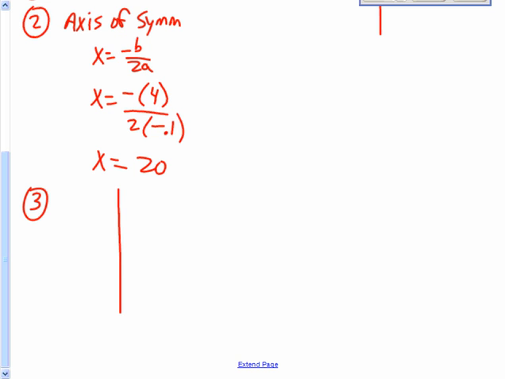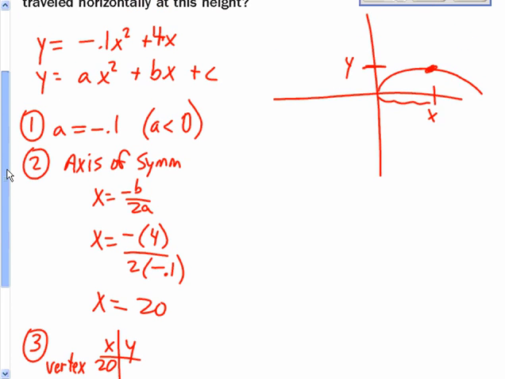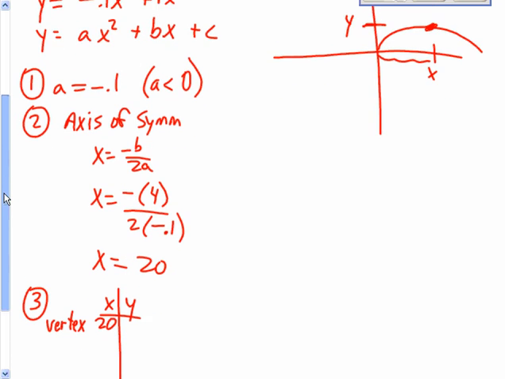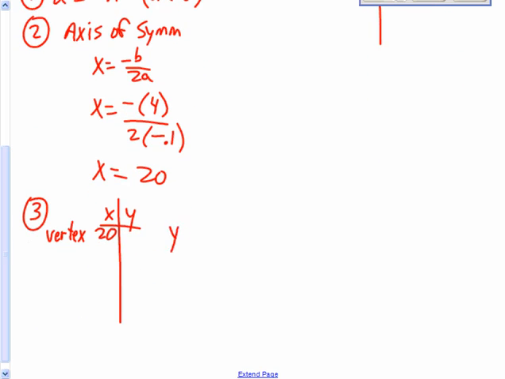Aha, that's my vertex. Okay, so my vertex is at 20. Now I go back to the original equation: negative 0.1x squared plus 4x plus 0. I'm going to plug in the 20.